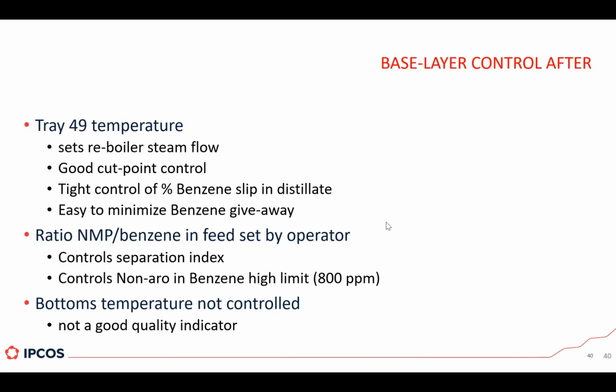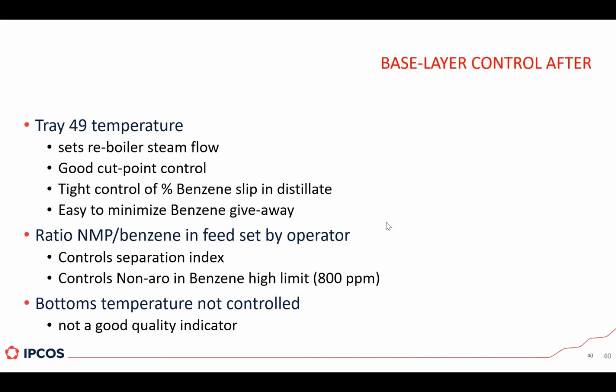That temperature control made it easier to keep a much tighter benzene giveaway. Now the ratio between solvent and benzene in the feed can just be set by the operator. So they also have that handle if they need to use it for some specific reasons.